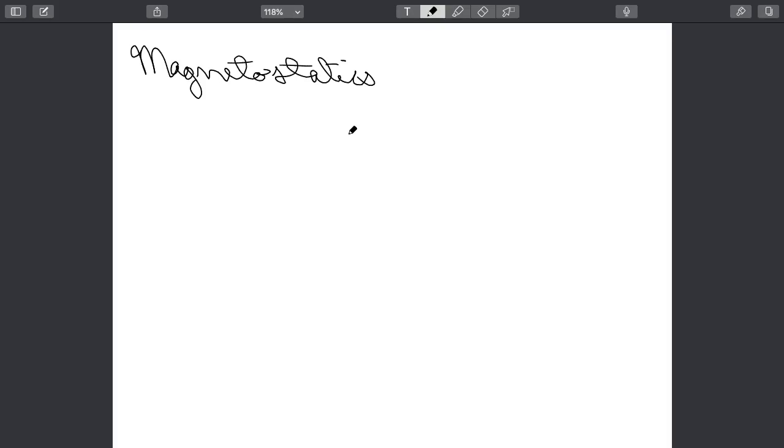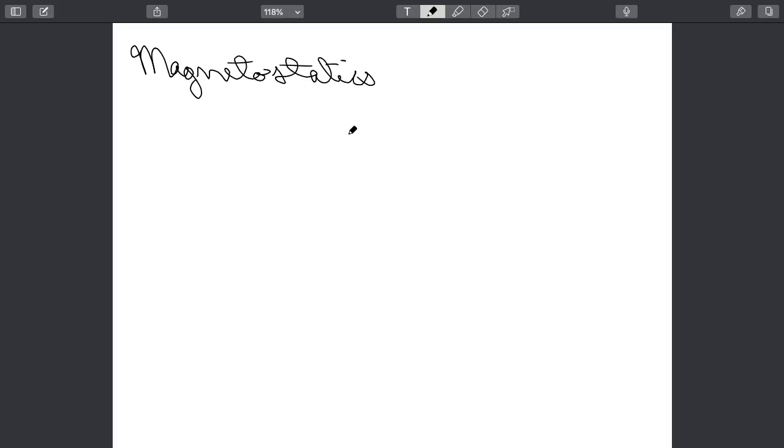Okay, so how does this go? In a sense, the word statics here is a slight misnomer because, as we'll see, we will be talking about currents. And there is, if you want, nothing static in a current. Things are moving, things are not time independent.